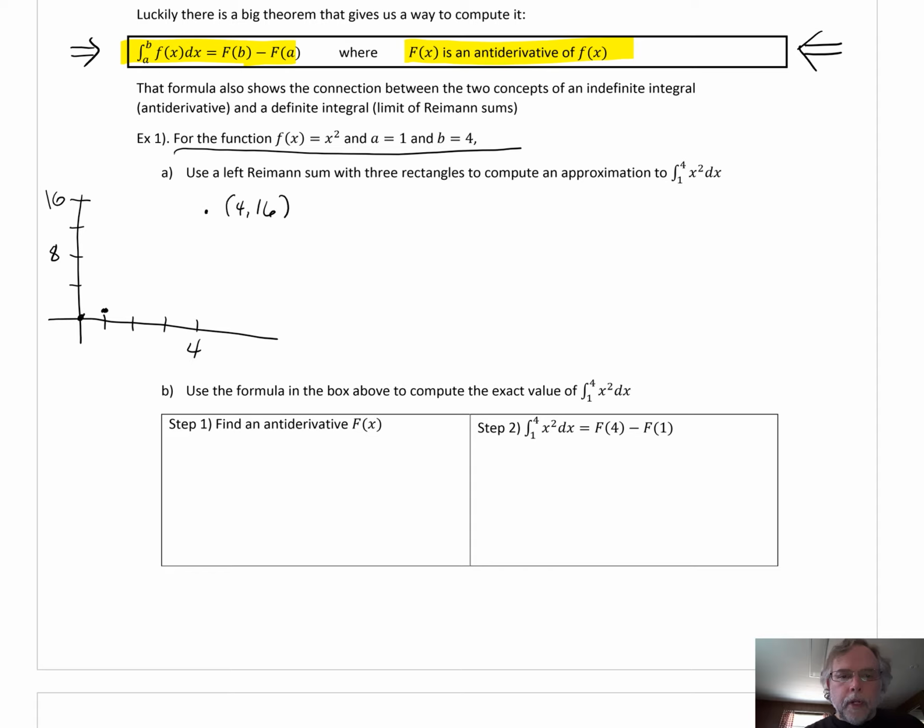It's going to be a little bit approximate, but good enough. And 2, 4. And 3, 9.